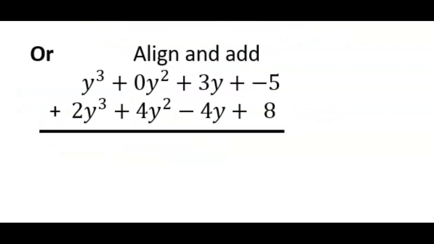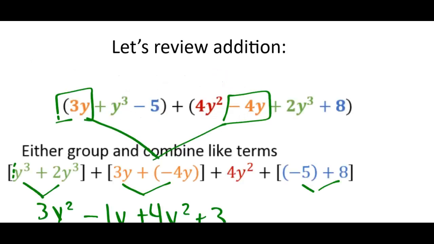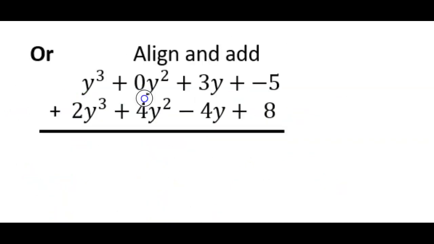Another way that we could do this is align and add. So I take my first polynomial, and I write it in order of my exponents. So that first one, I would take my y cubed, and there's not a y squared term, so I would put a 0y squared there, my 3y plus my negative 5.